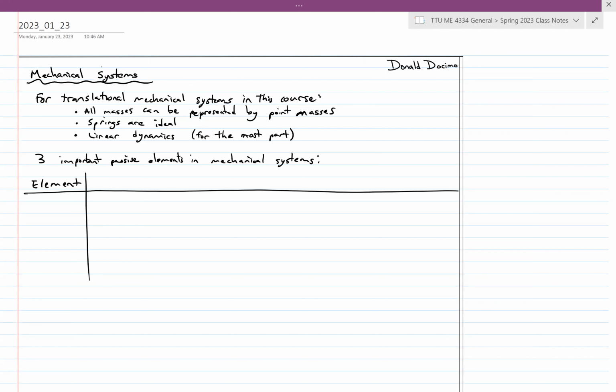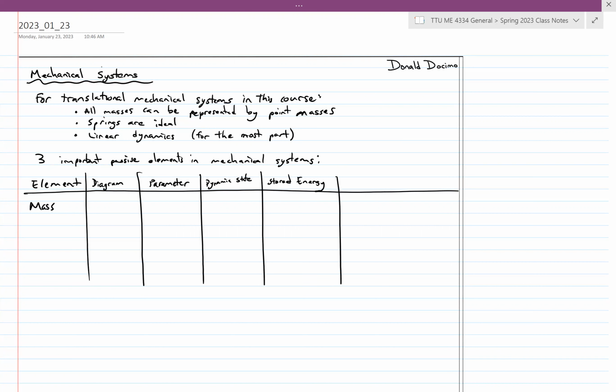Load. Like a block, right? A mass. A mass is going to be our first one. And so what we're going to go through is the diagram or figure for these, the parameter associated with the element, the dynamic state, the type of energy that element will store, and then relevant equations.